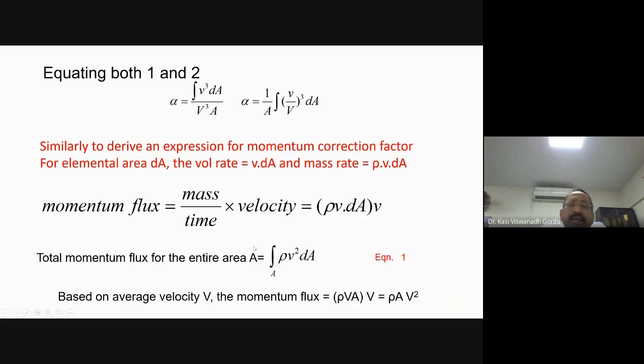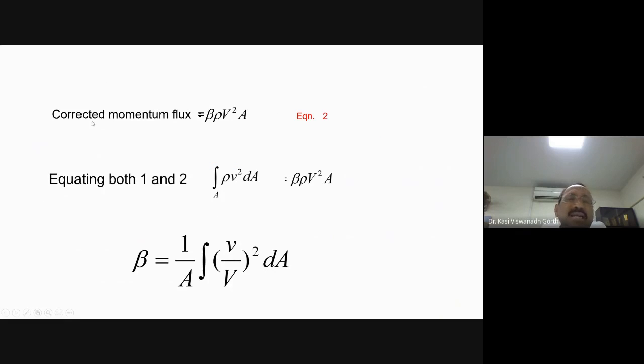This is equation 1. Based on the average velocity V, area into velocity is the discharge, and rho A V is the mass rate, multiplied by the average velocity V gives rho A V square. This is to be corrected by multiplying with the momentum correction factor beta. So the corrected momentum flux will be beta rho A V square, equation 2.